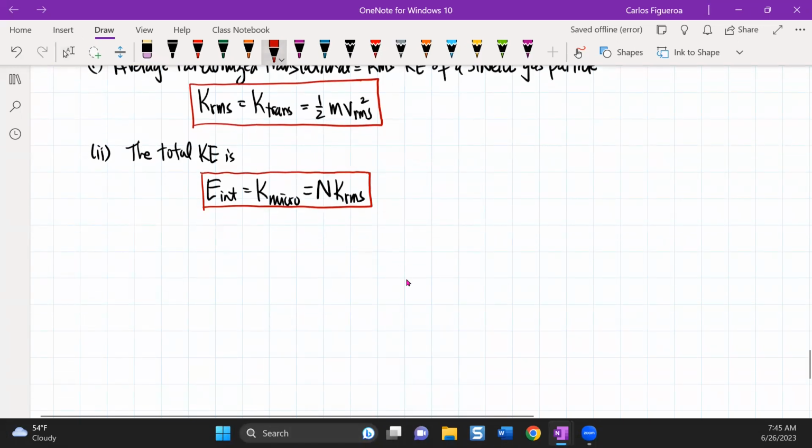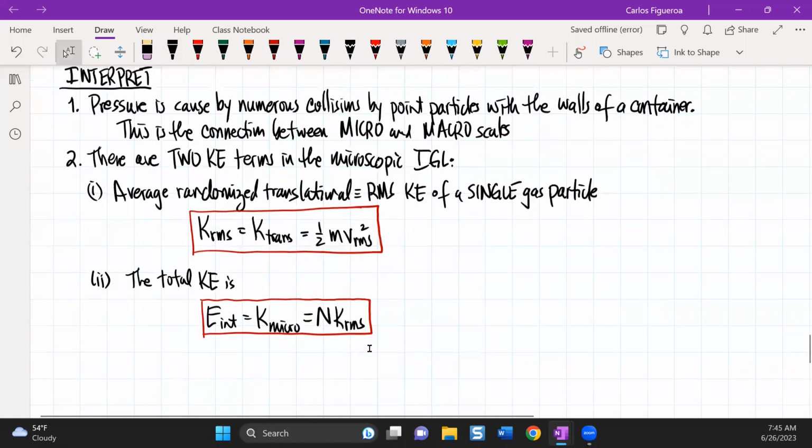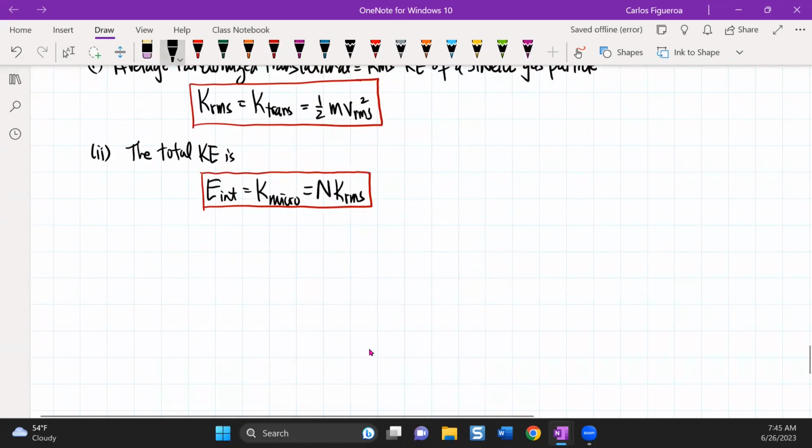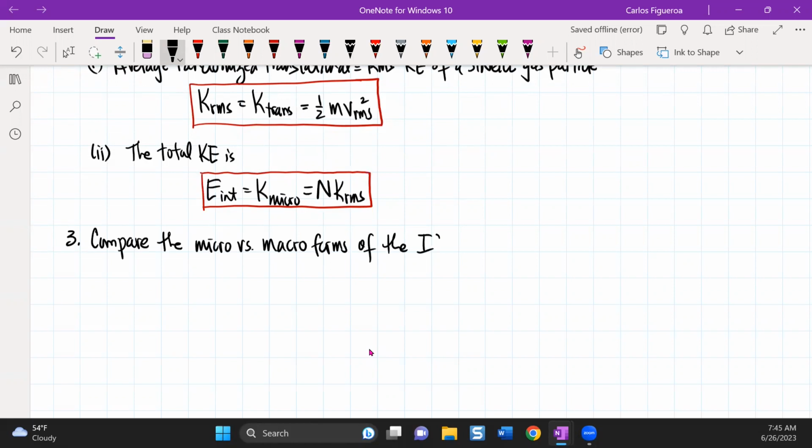So let me talk about the third thing here. Let's see here. Yeah, let's talk about 3. 3 here. So now we can compare the micro versus macro forms of the ideal gas law.